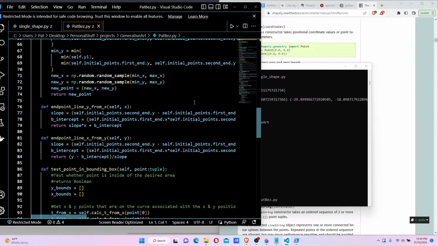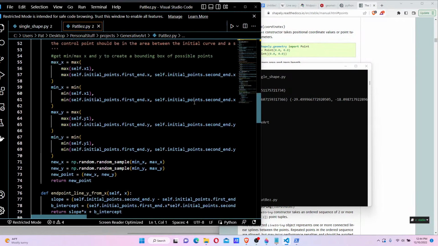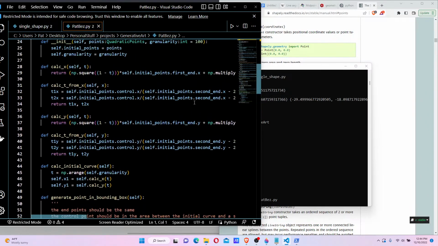Endpoint line x from y. Calculate initial curve. Dot calc x.